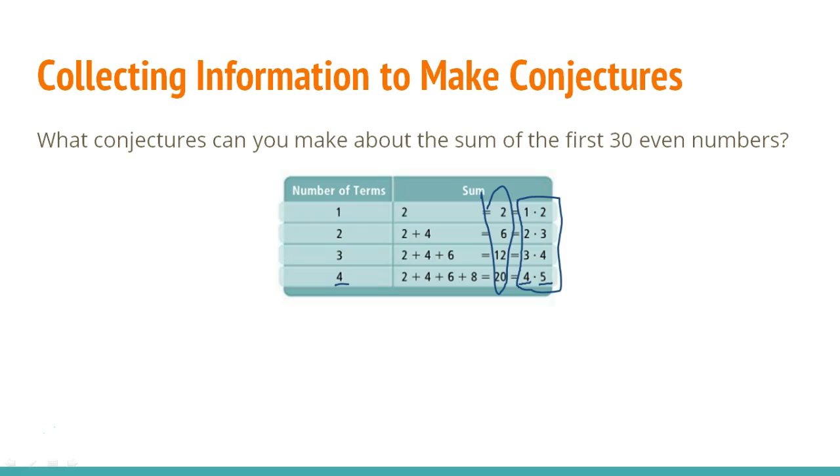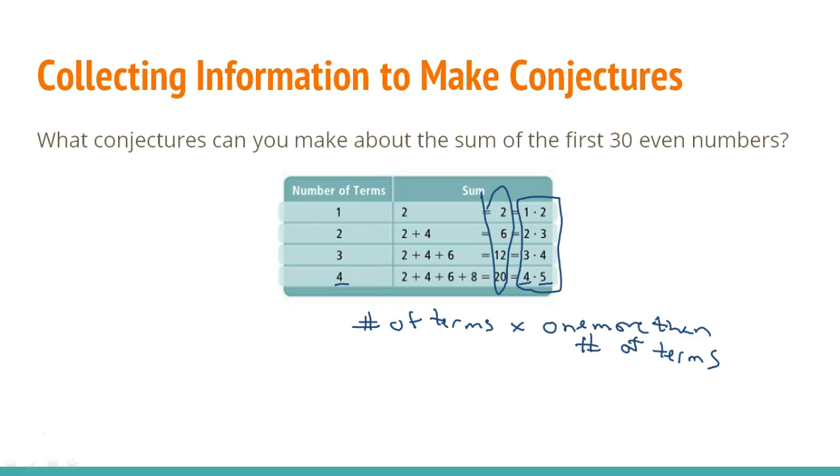The pattern is that it's the number of terms times one more than the number of terms. See that here? One term, so 1 times 2. 2 terms would be 2 times 3. 3 terms would be 3 times 4, and so on.